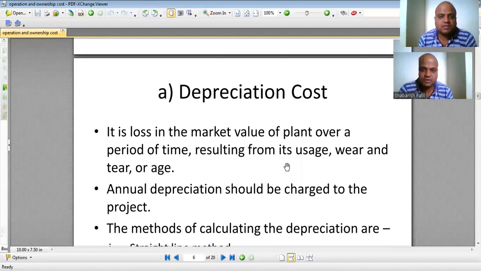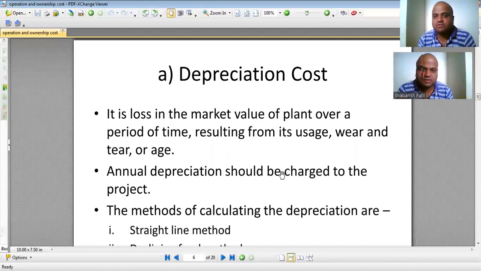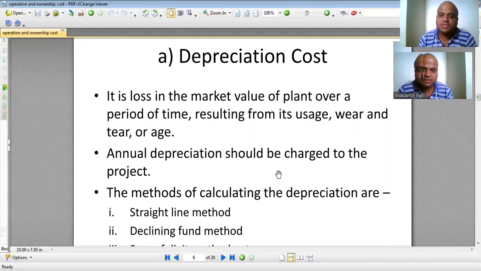So depreciation cost, as I told you, is the loss in the market value of the plant over a period of time, resulting from its usage, wear, tear, and age. Generally, annual depreciation is supposed to be charged in a project.